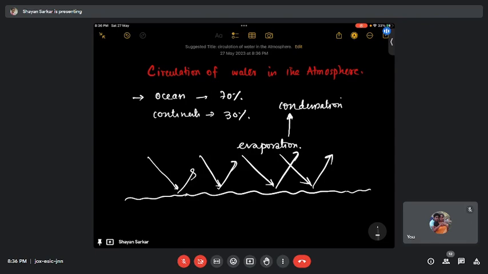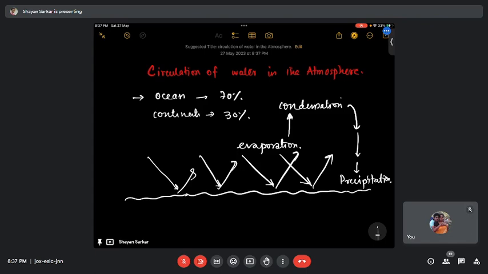Okay, and after some time, what is happening? After condensation, they are again coming back to our surface, which is precipitation. Okay, in forms of rain, snow.